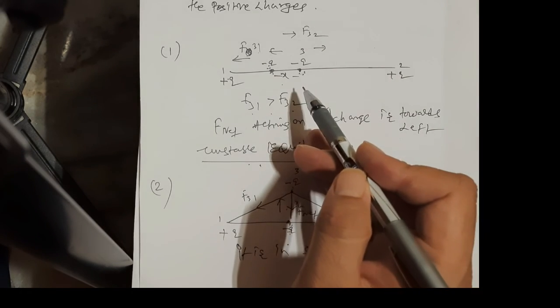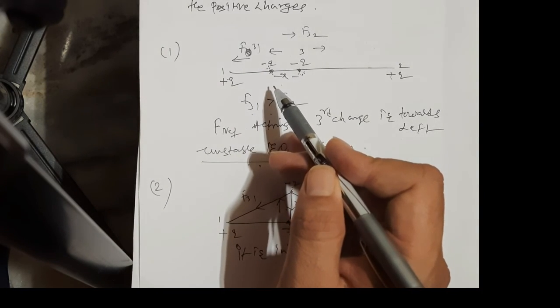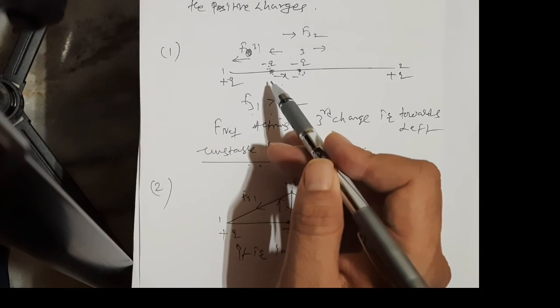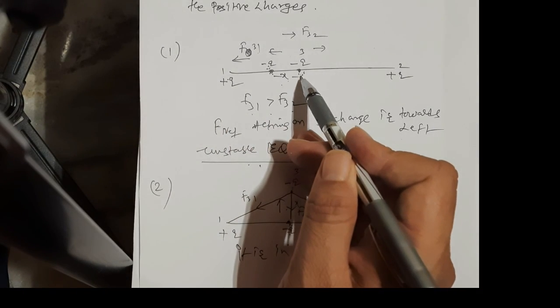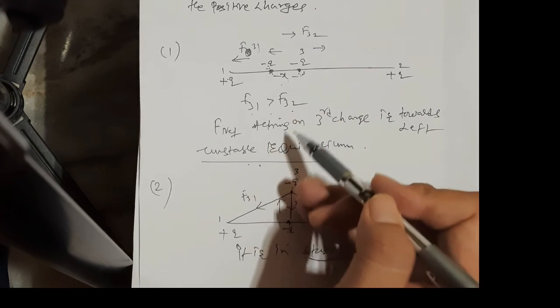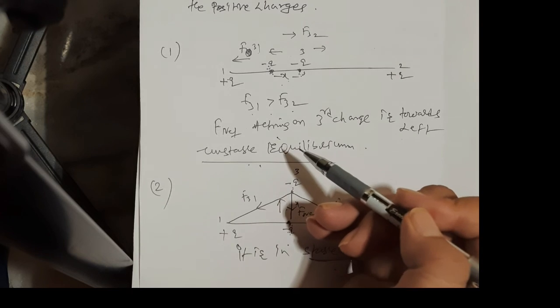If the particle is displaced along the line joining the two charges, then the net force acting on the particle is towards the left. The particle never reaches its original position or mean position. Now the particle is said to be in unstable equilibrium. Right.